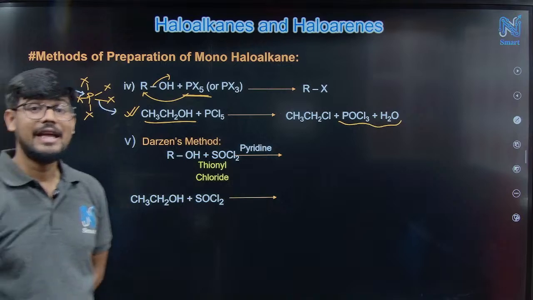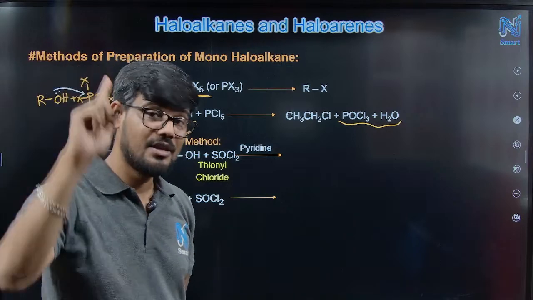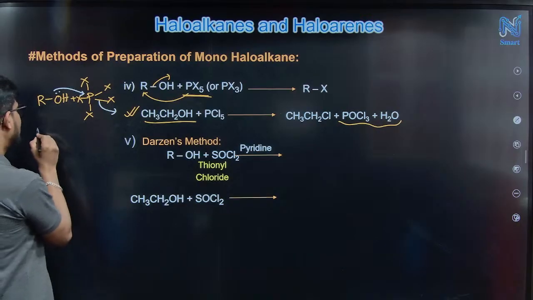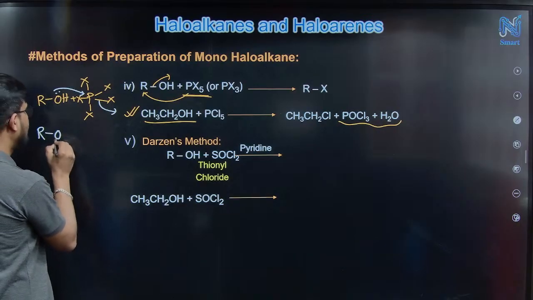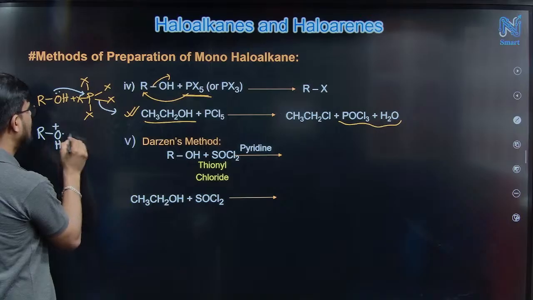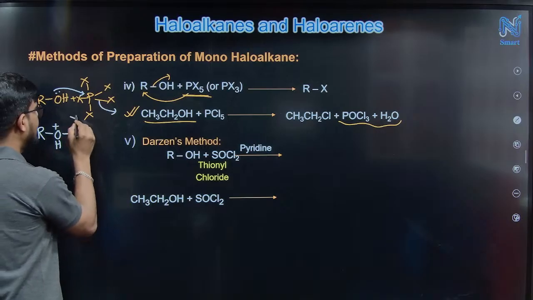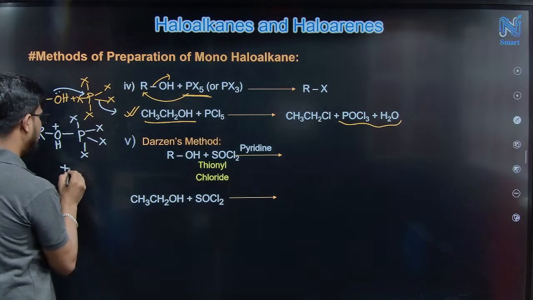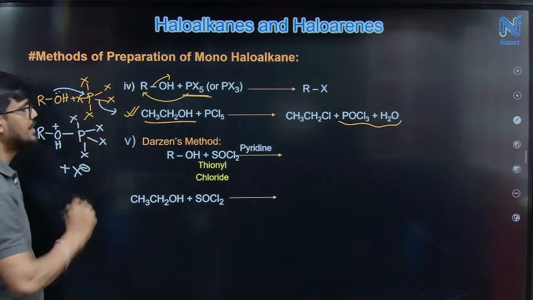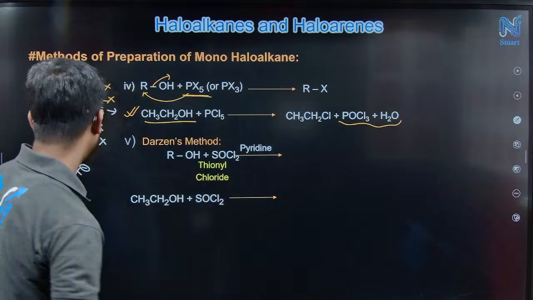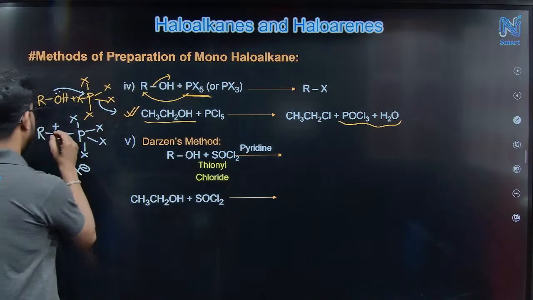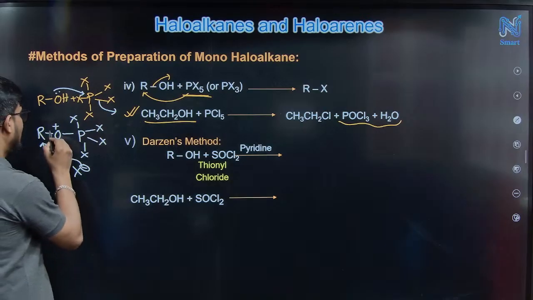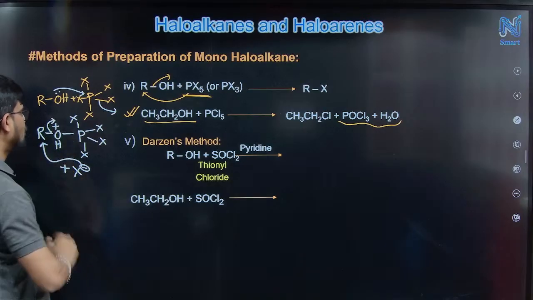Phosphorus has an empty d orbital, remember, an empty d orbital. So X minus will be released. From this you will get ROH bonded to P with 4 X, plus X minus, because X minus is released here. Next step, this X minus will attack this R and this bond will be broken.